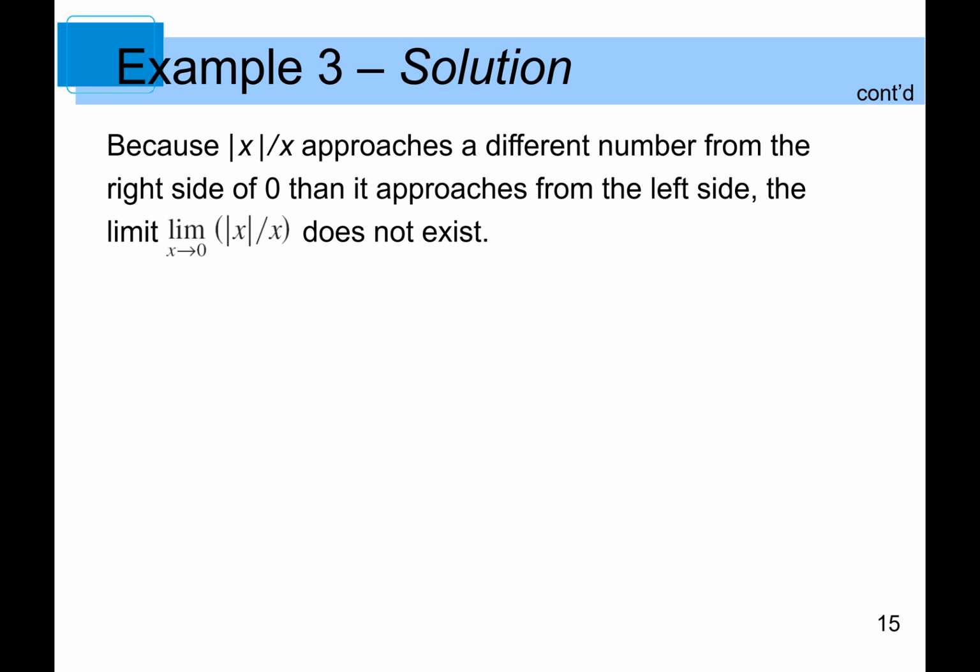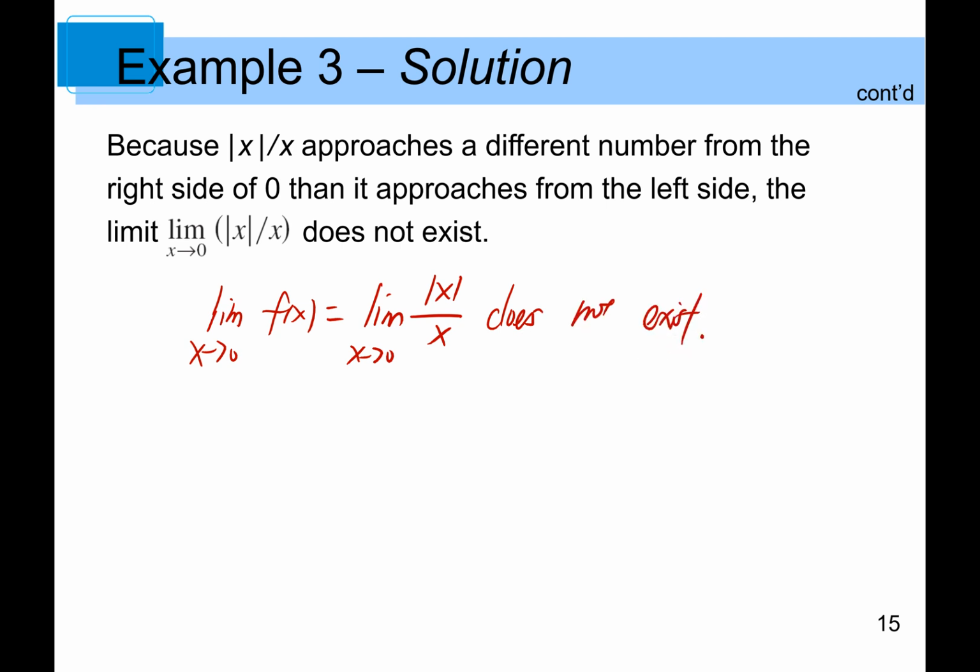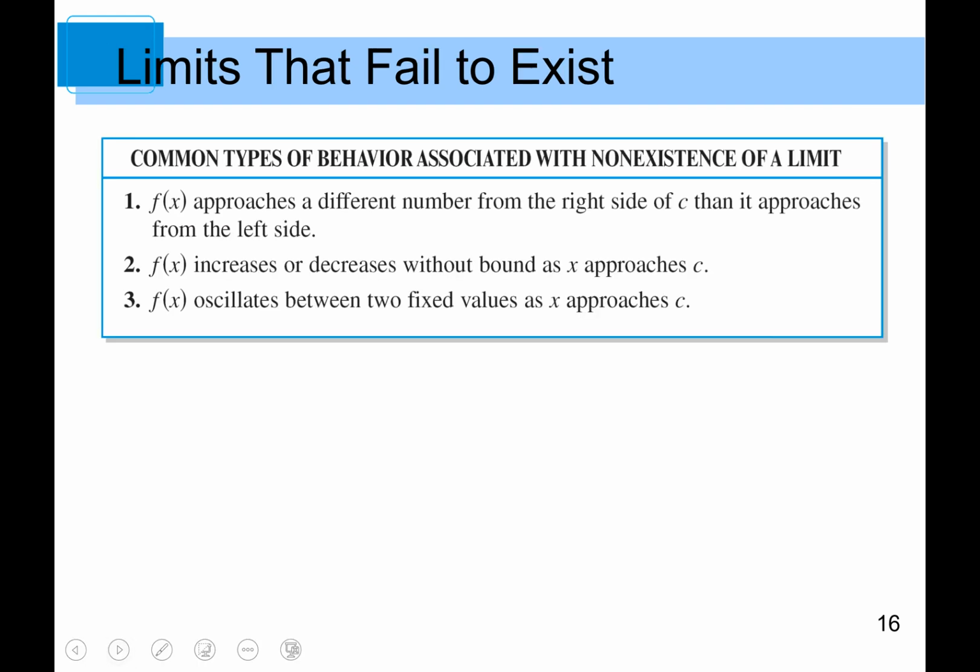Because absolute value of x over x approaches a different number from the right-hand side of 0 than it does from the left-hand side, the limit as x approaches 0 of f of x does not exist. So this is one particular case where the limit fails to exist.